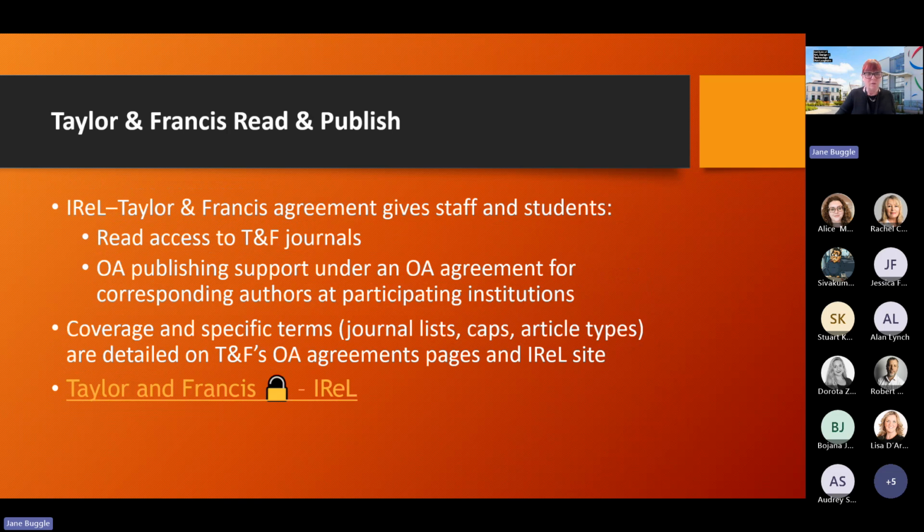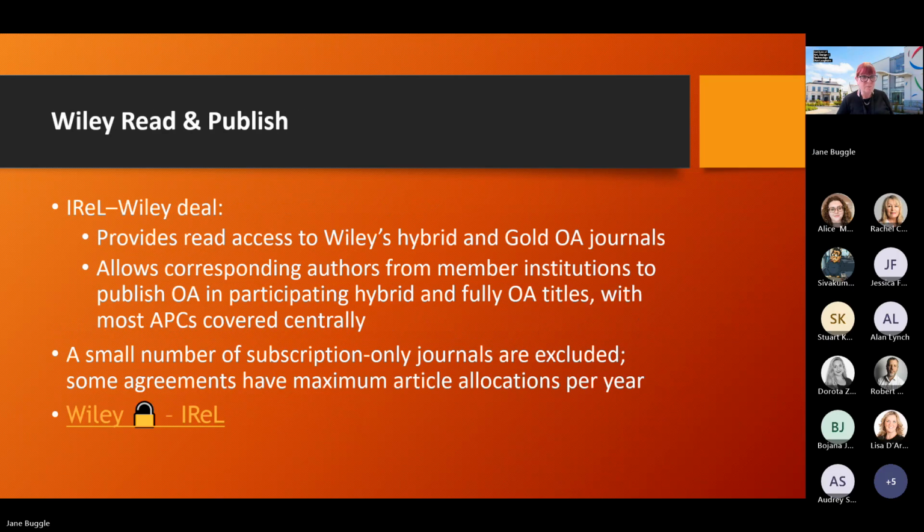Taylor and Francis gives staff and students read access to Taylor and Francis journals and OA publishing support under an OA agreement for corresponding authors. The coverage and specific terms, journal lists, the caps, the article types are detailed on their page and also on the IRL page. And Wiley, so we have read access to their hybrid and gold OA journals.